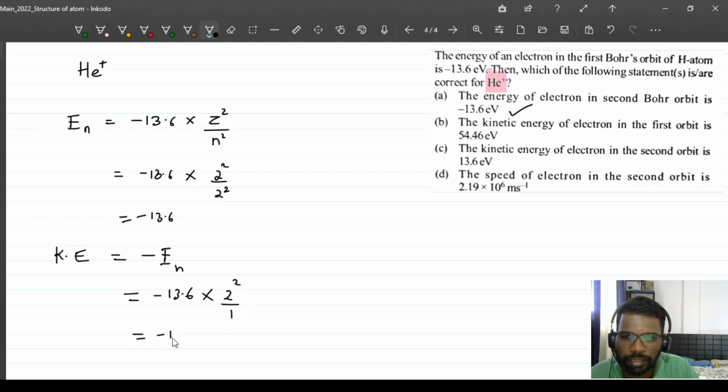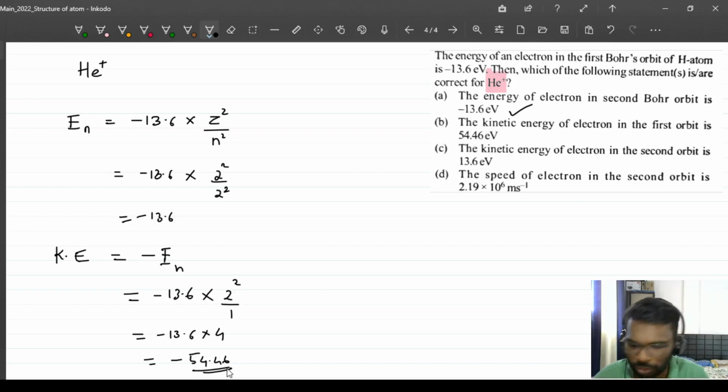So this is minus 13.6 into 4, right? So the answer, magnitude wise, is going to come to 54.46, right?